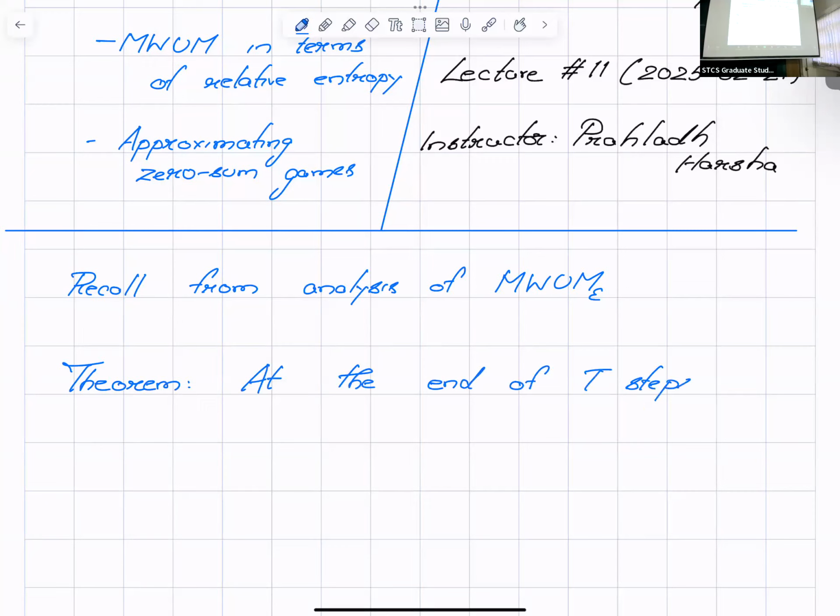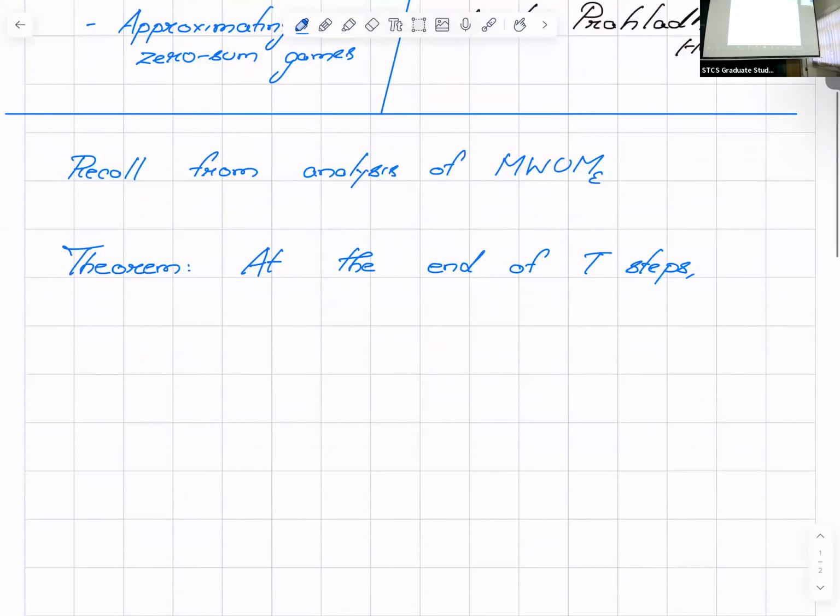So typically, we were comparing our performance with a fixed expert, but you could also have compared. So we were comparing L^T versus ln n by epsilon plus. I want to claim you don't even have to compare with a fixed expert. You could have compared with, this is an obvious fact, any fixed distribution P on the experts.